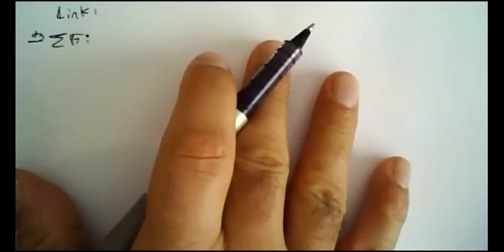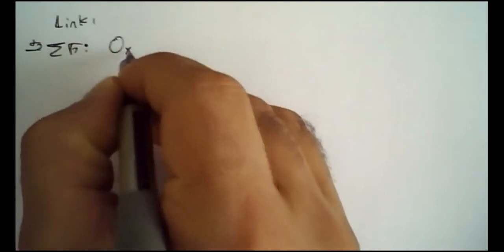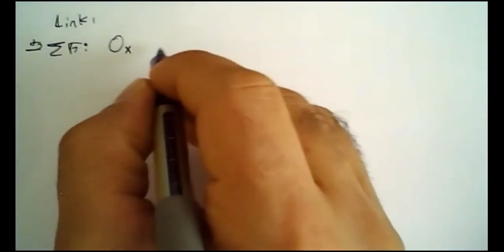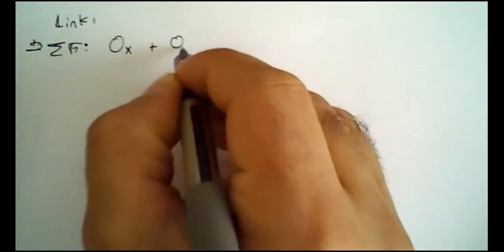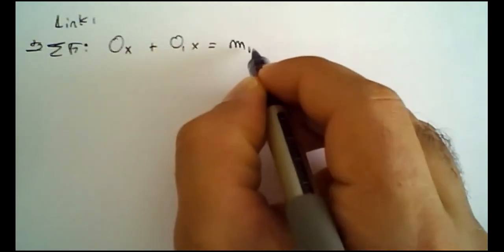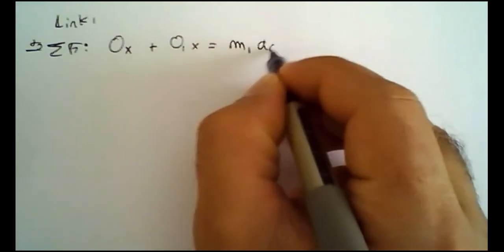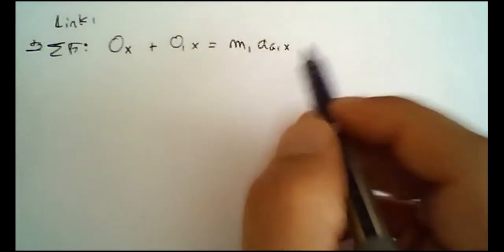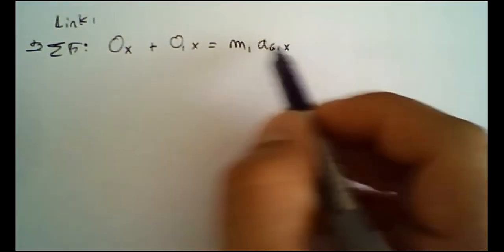Summing the forces in the x direction on the first link, we organize it like that. We have OX plus O1X equal to M1 AG1X. We already know AG1X.